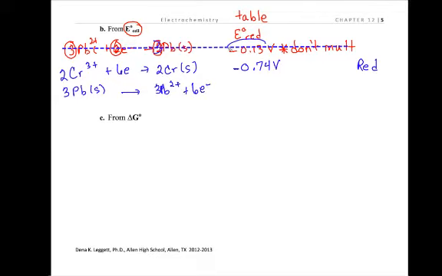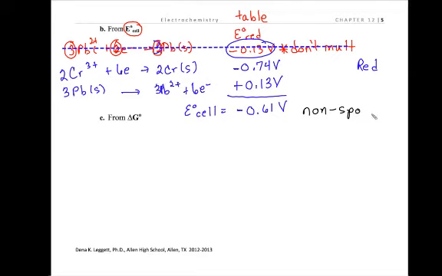Now because I reversed the reaction, I'm going to reverse that sign. So you reverse the reaction, you change the sign. Now all I have to do is add those up. And to get the E0 of the cell, when I add those up, I get a negative 0.61 volts.